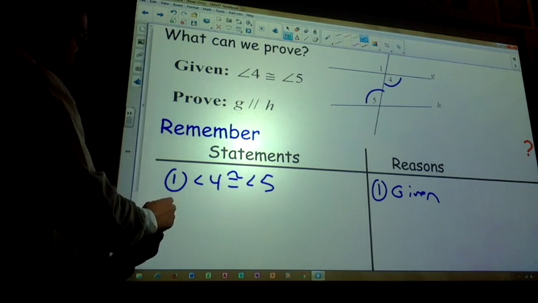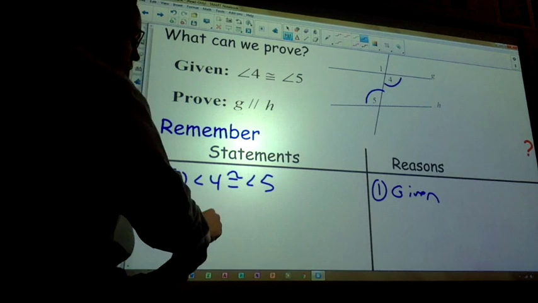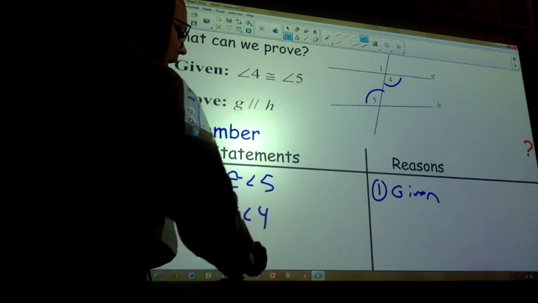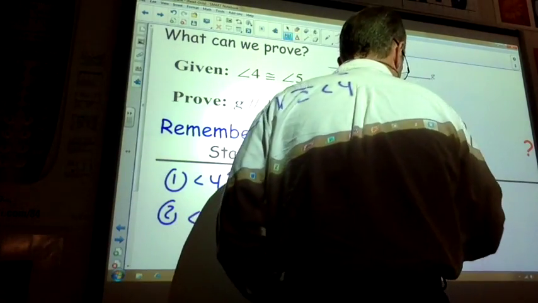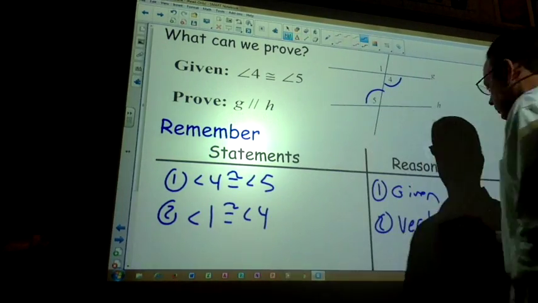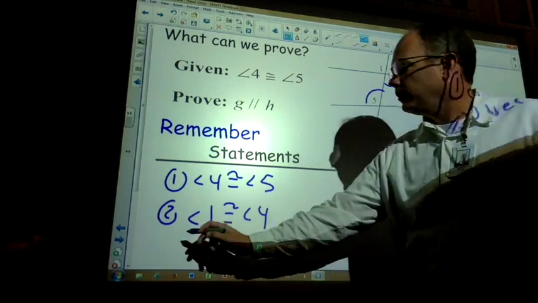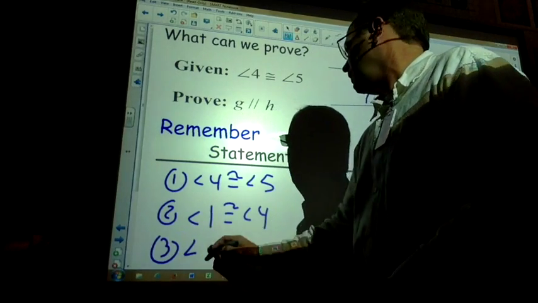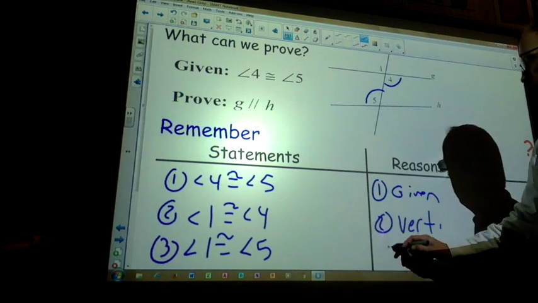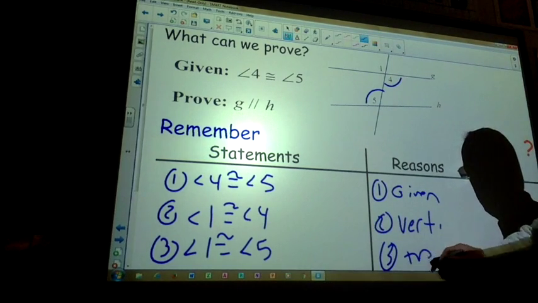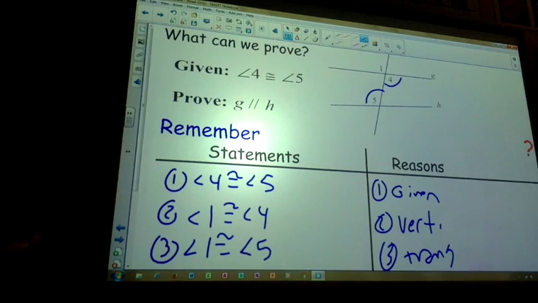So then I could go ahead and state that angle 1 is congruent to angle 4. Why? Vertical angles. And then I can say that, number 3, angle 1 is congruent to angle 5. Why? Transitive. Right?